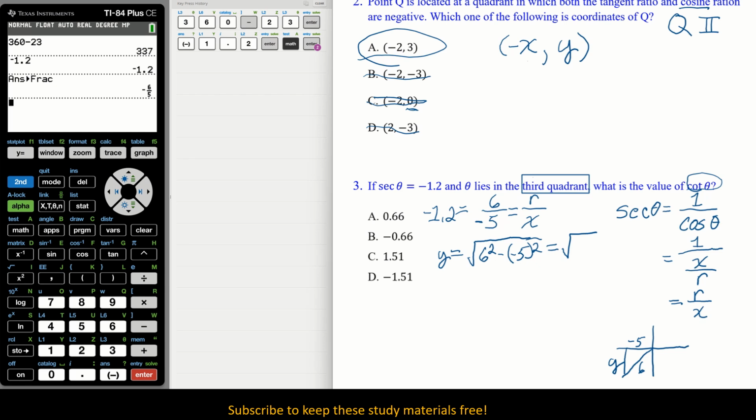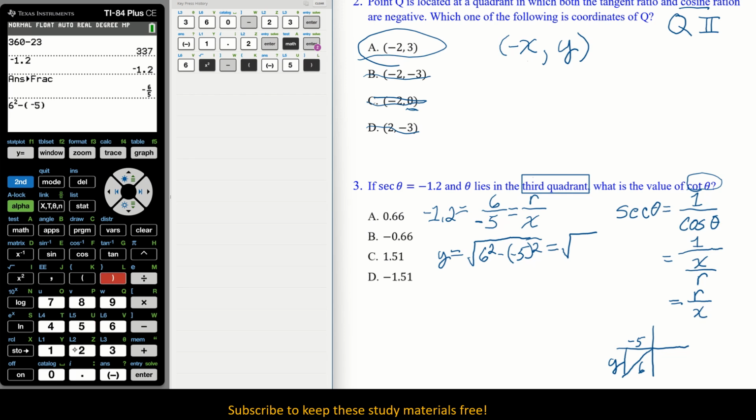It's best to get your decimal value at the end. So really what we need here is 6 squared, which is 36, minus, parentheses, -5, squared. Now push enter, and I have 11.